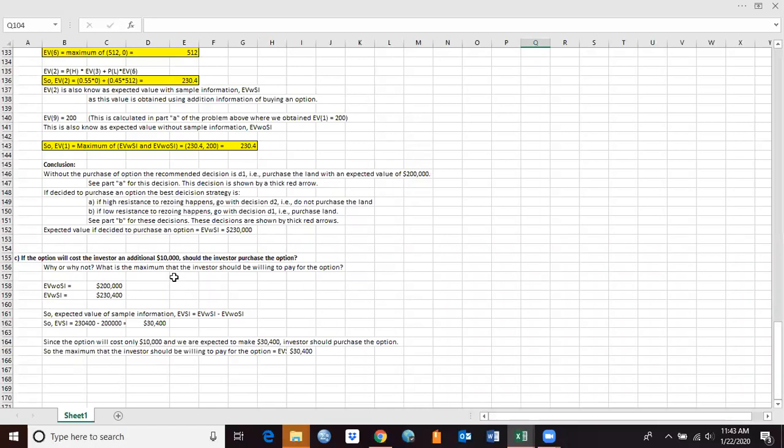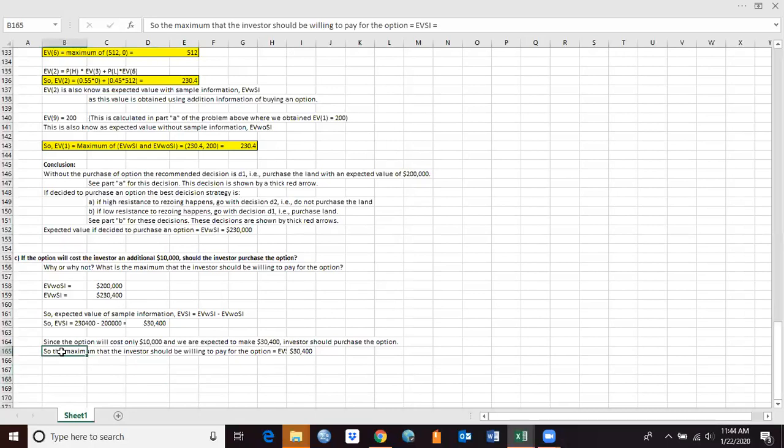So I would rather go ahead and pay $10,000 for the option. After paying $10,000, I would still be making $20,400 as the profit. Since the option will cost only $10,000 and we are expecting to make $30,400 additional expected profit, we would advise the investor to go ahead and purchase the option.